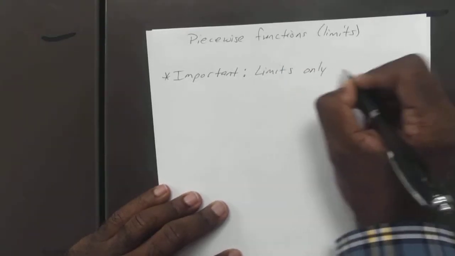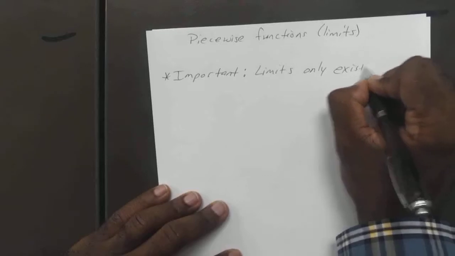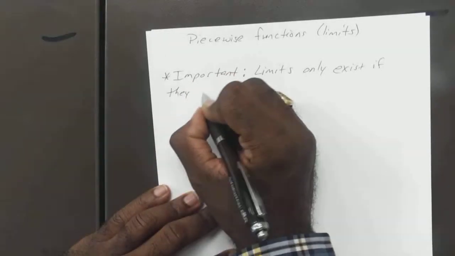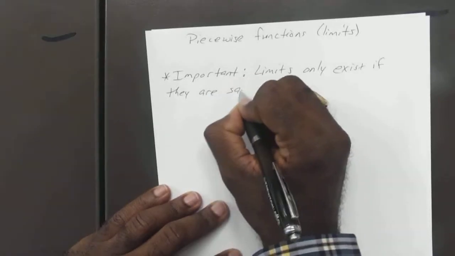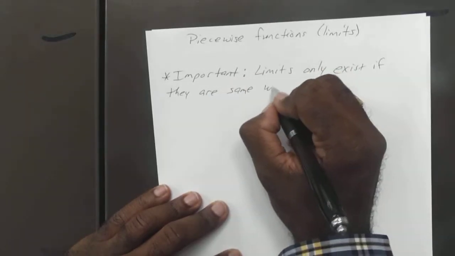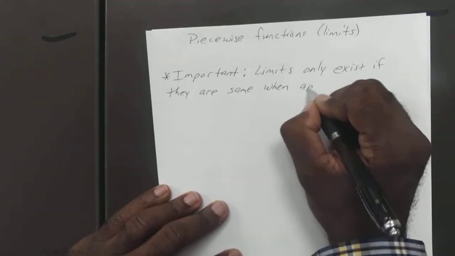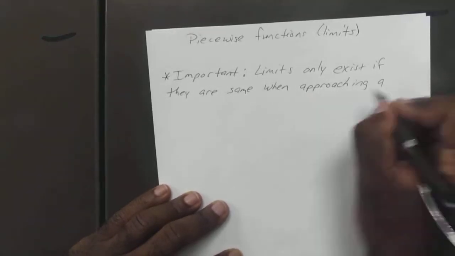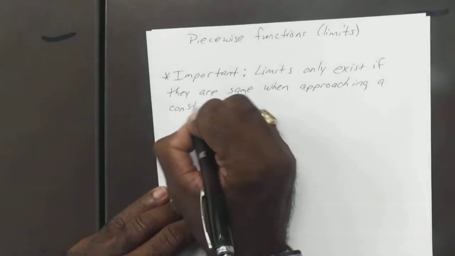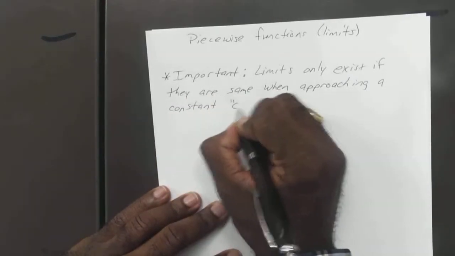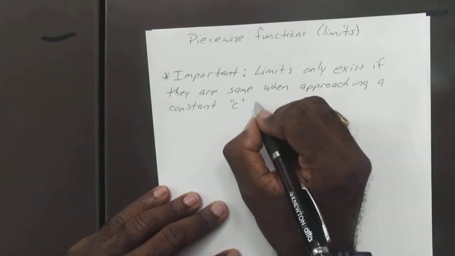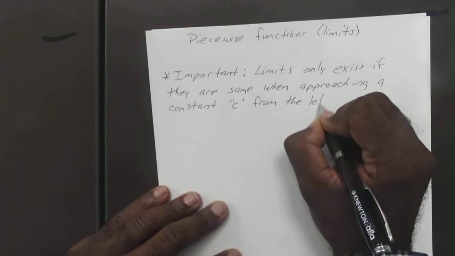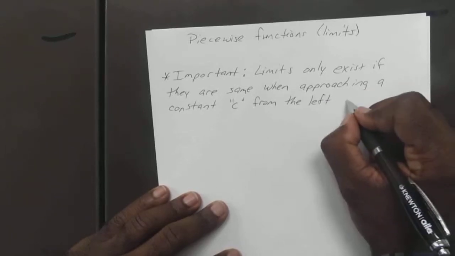Limits only exist if they are the same when approaching a constant value c from the left and right.